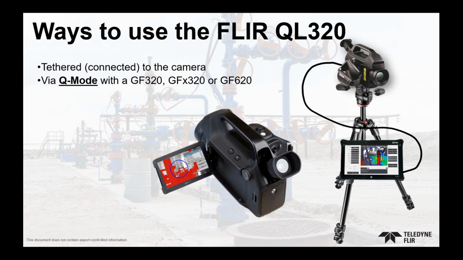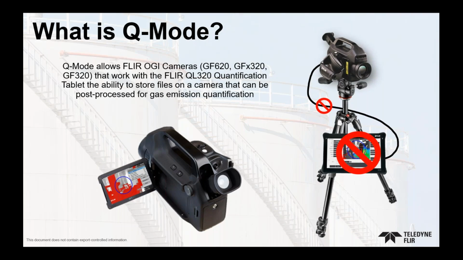So there are two ways to use the FLIR QL320. One is the tethered mode, fundamentally connecting the camera to the QL320 tablet by a USB cable. And the second one is via Q mode. What is Q mode?